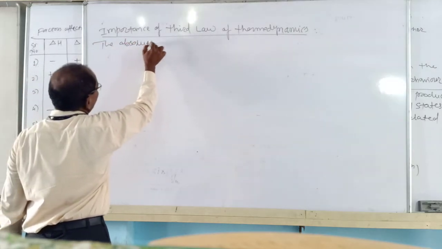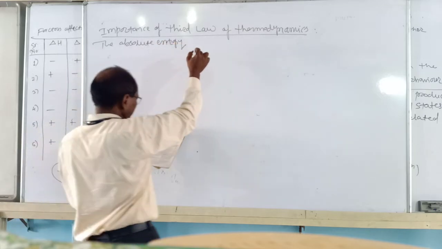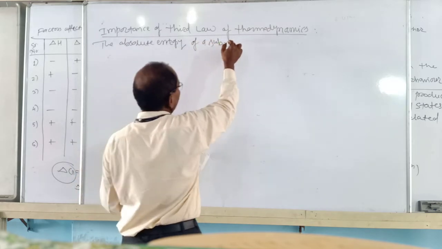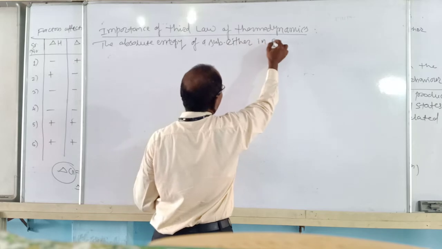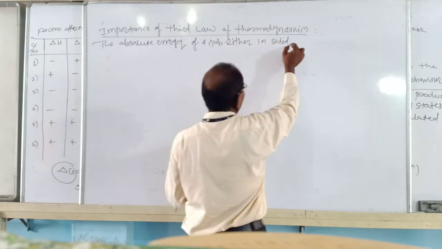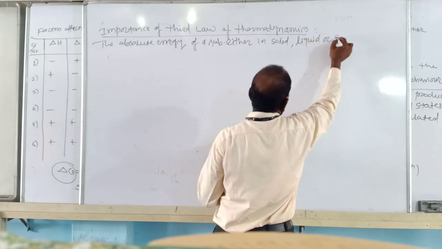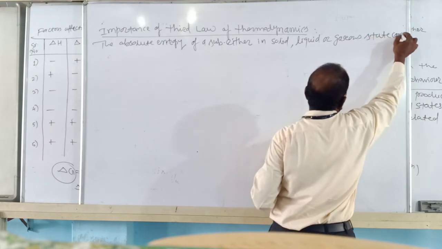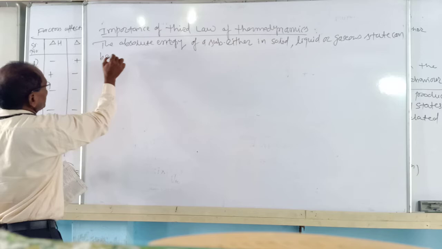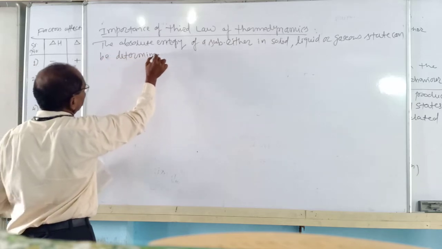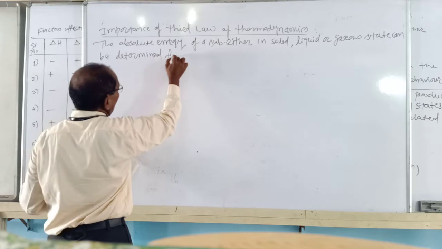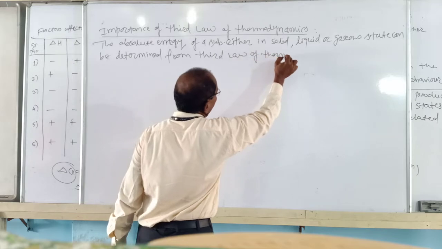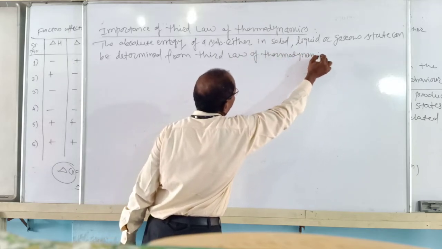The absolute entropy of a substance, either in solid, liquid or gaseous state, can be determined from the third law of thermodynamics.